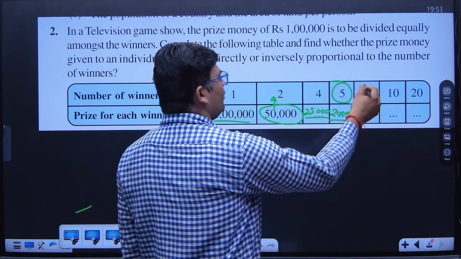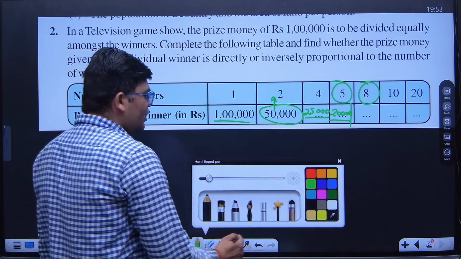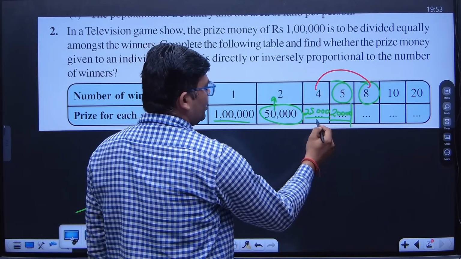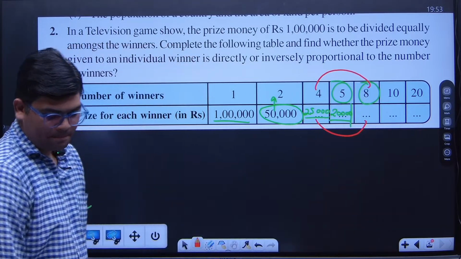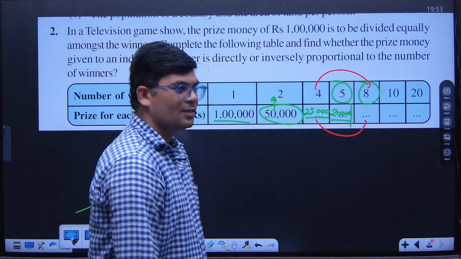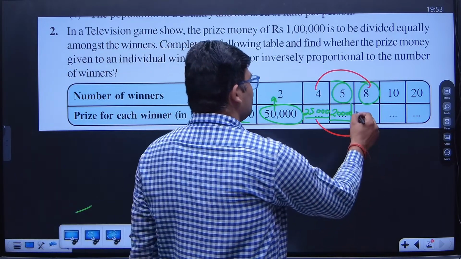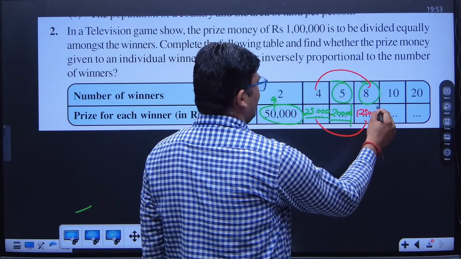Suppose you are going to give to 8 winners. I can give you some hint. With this double, you can make the half of this. Oh, then 12,500. Wonderful. So you said 12,500.